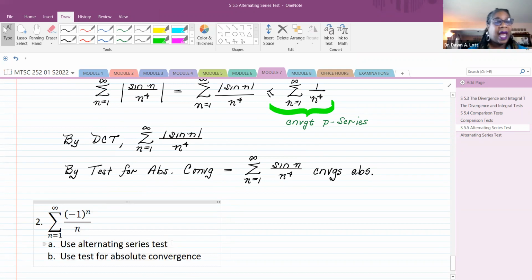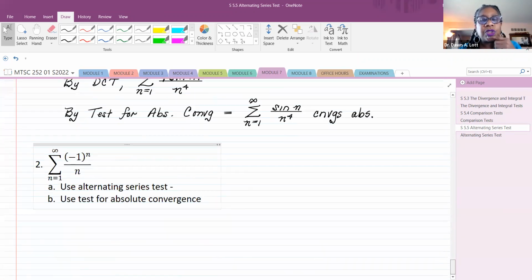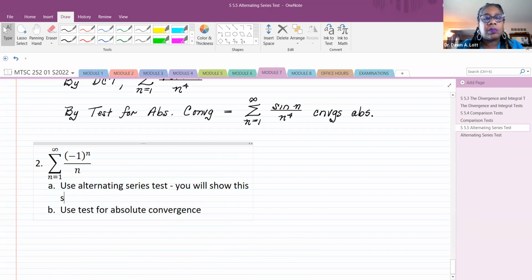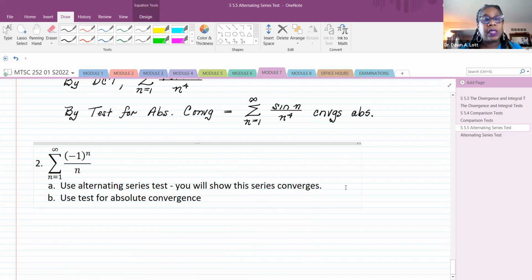So for this one, I have to use the alternating series test. All right. And what did I write before? I just want to be consistent. You will show this series converges. Okay, so when you use the alternating series test, you will show that this series converges.